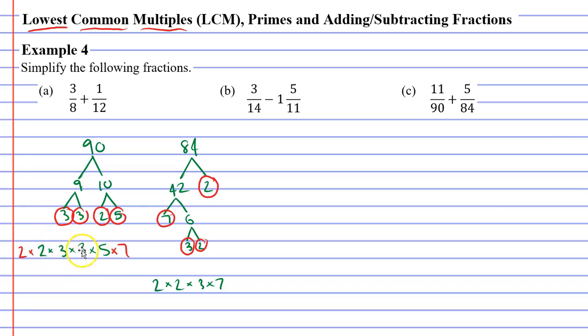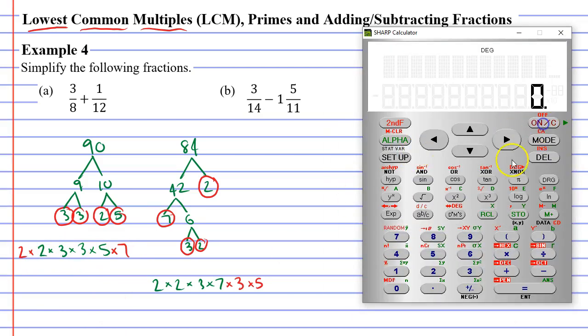You'll notice that we have 2 3's here and only 1 3 over here. So I need to multiply by another 3. And you'll also notice that we have 1 5 here, but not over here on the right. So I need to multiply by 5. We now have the exact same list of prime factors here. 2 times 2 times 3 times 3 times 5 times 7.